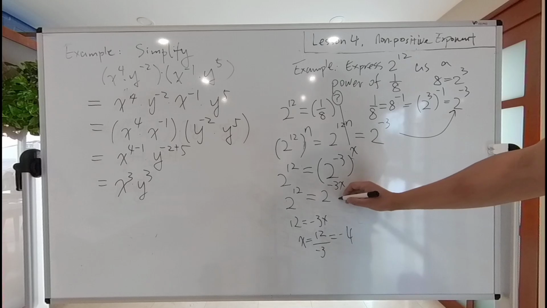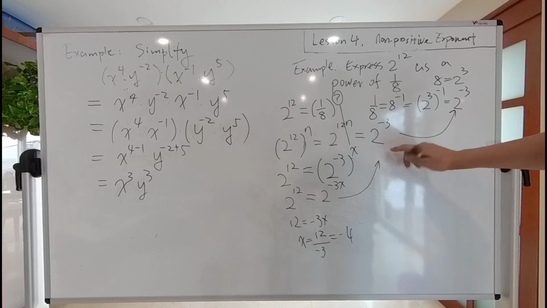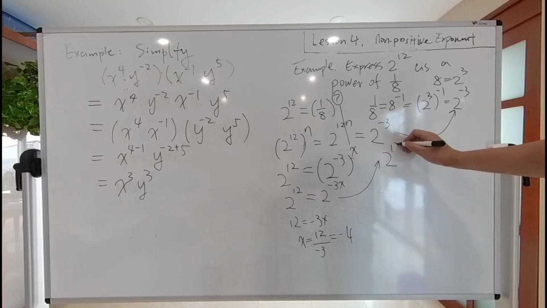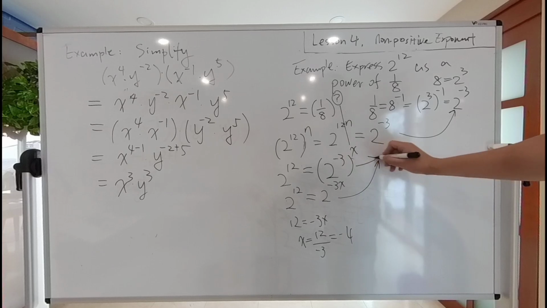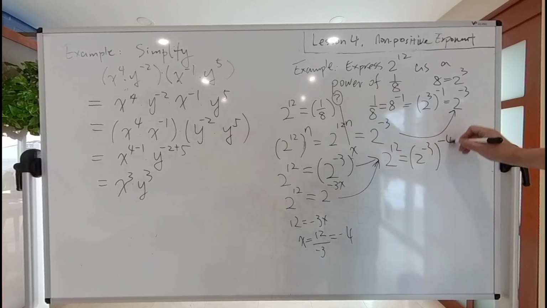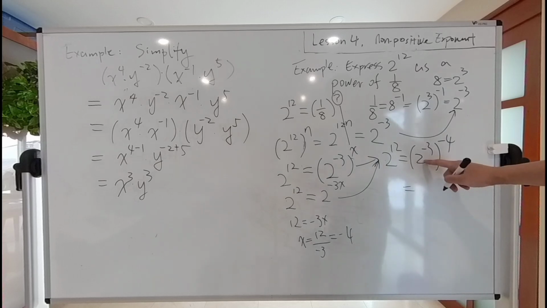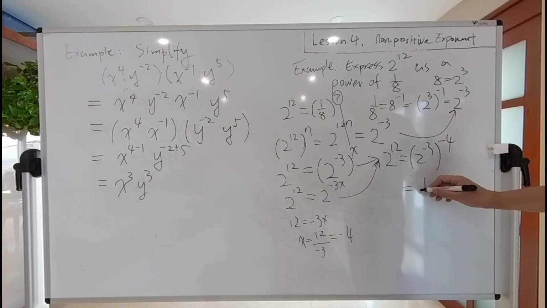So if x is minus 4, then 2 to the power of 12 will be equivalent to 2 to the minus 3 to the power of minus 4, and then 2 to the minus 3 can be converted back to 1 over 8.